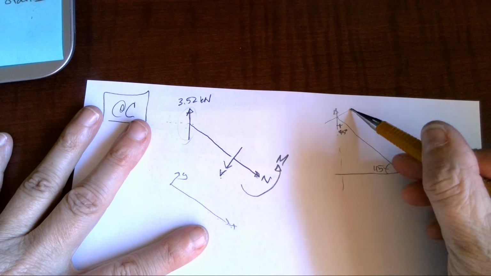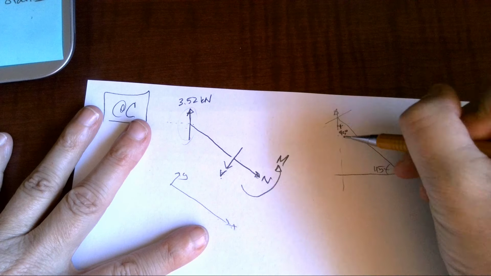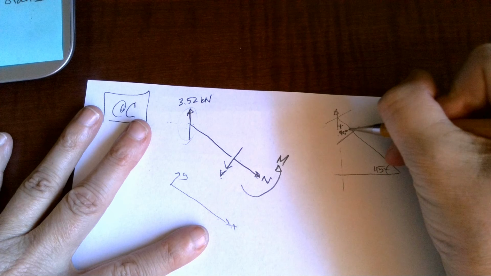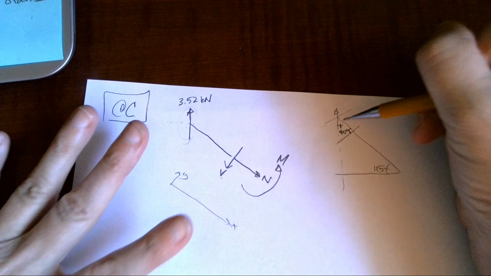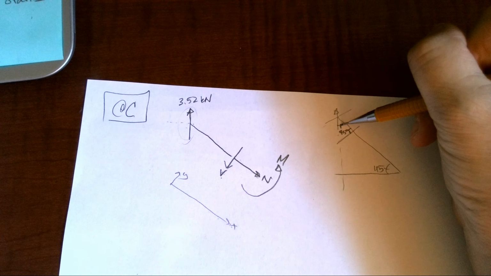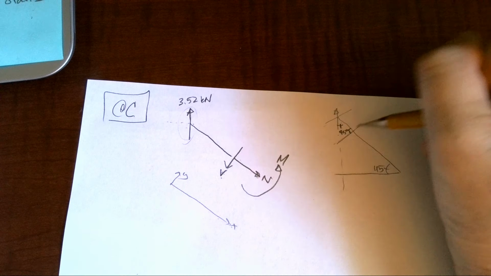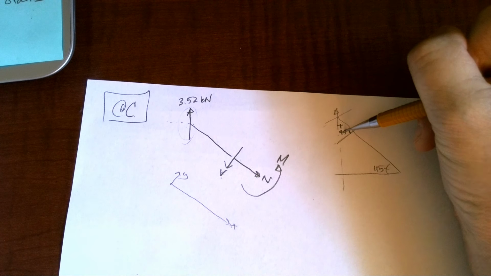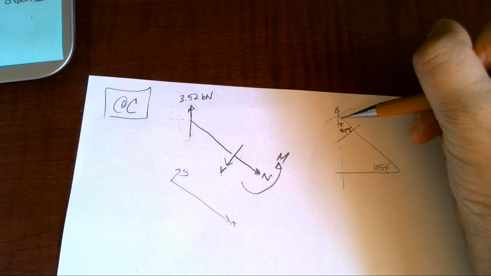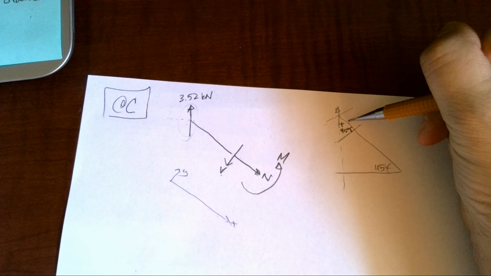Okay, so when I look at this 45 degrees, I could call the y component sine of 45, and I could call the x component cosine of 45. Do you guys see that?